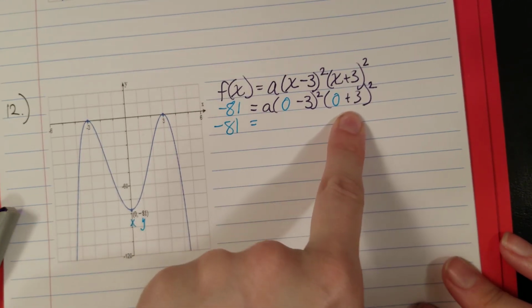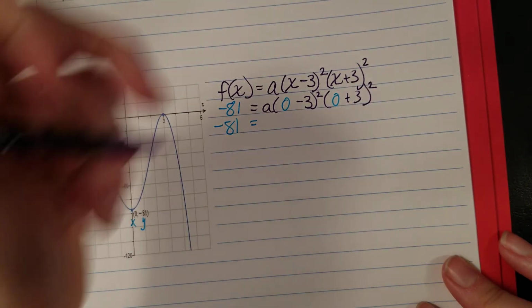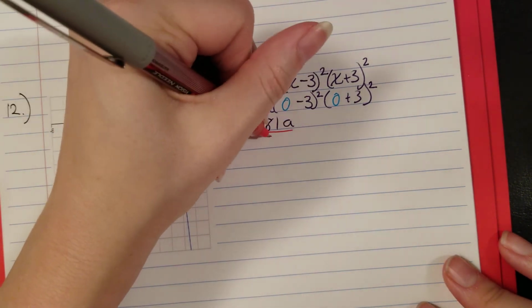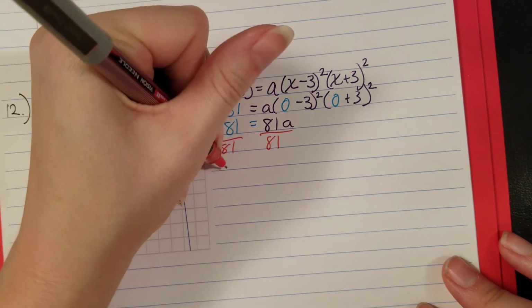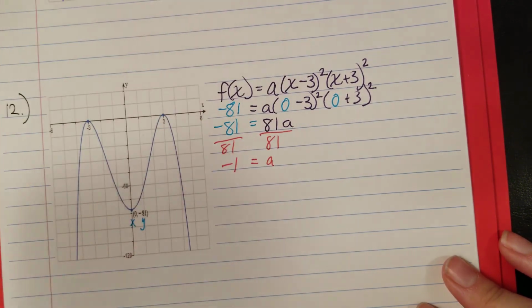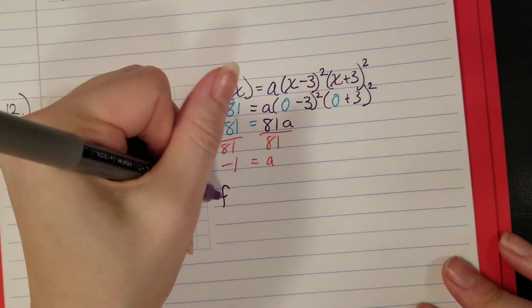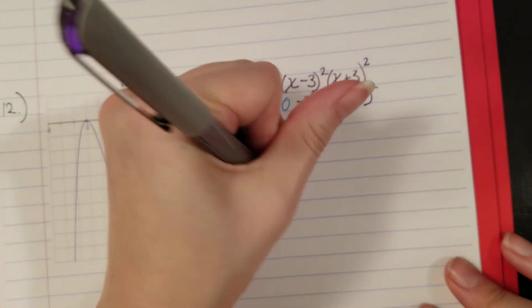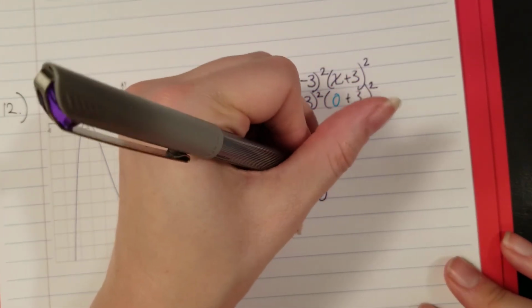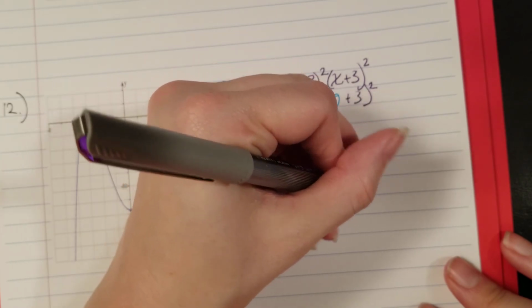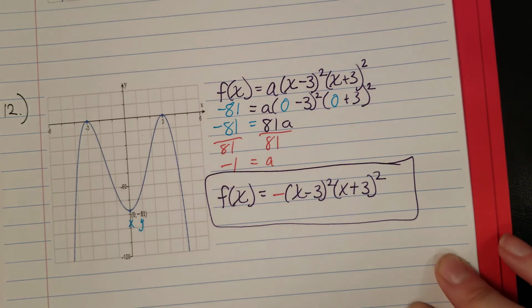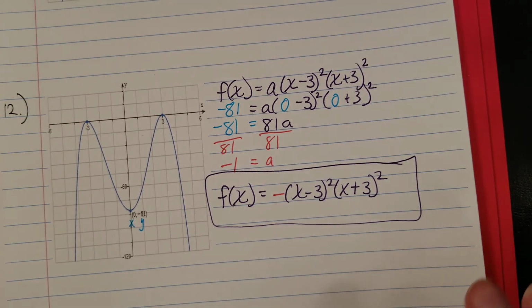Positive 3 squared is 9. 9 times 9 is 81. So basically that's 81a. And then you just divide both sides by 81. So negative 1 equals a. So f of x equals negative, I don't really need to write the 1, x minus 3 squared, x plus 3 squared.